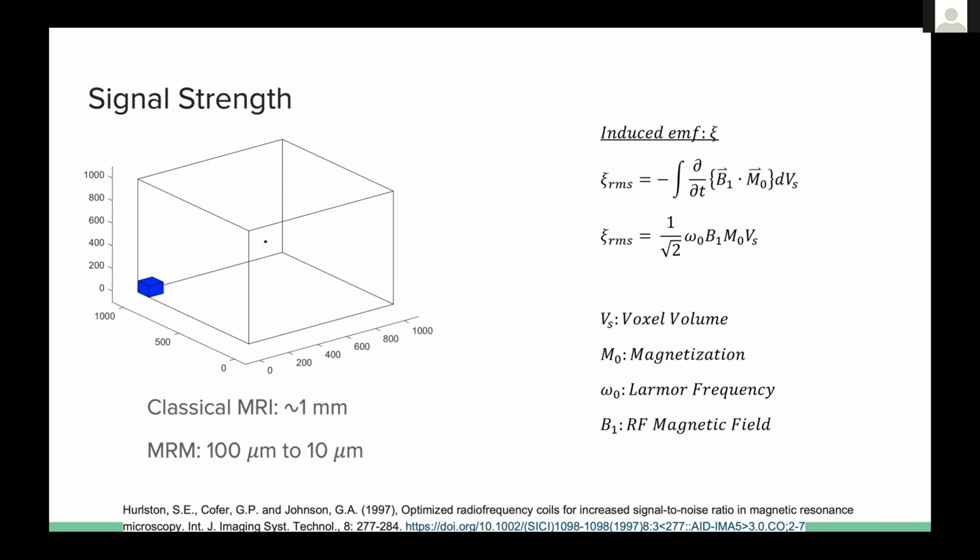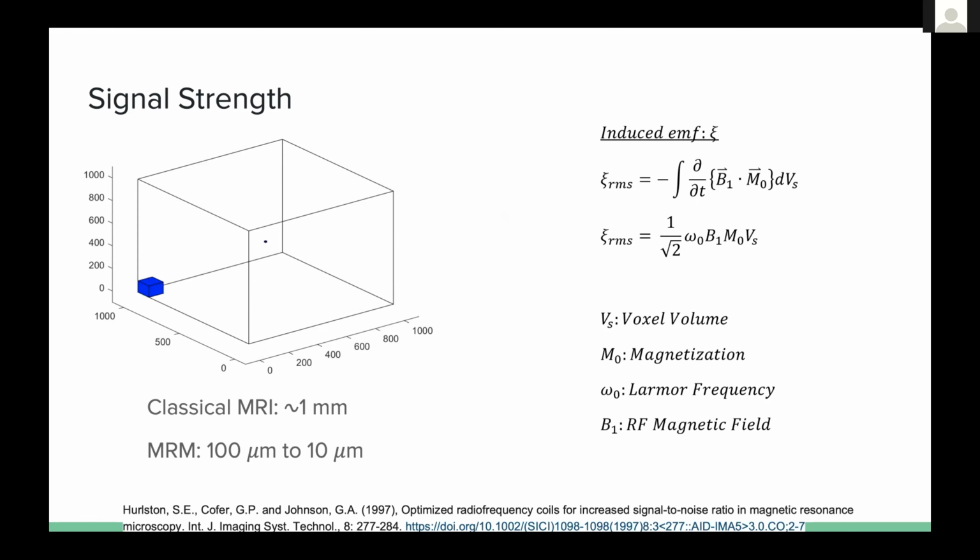Just to give a better perspective on this decrease in signal strength, these boxes on the left show the voxel sizes compared to one another.